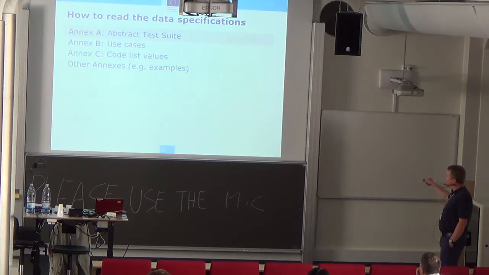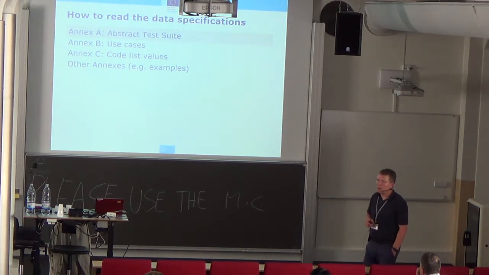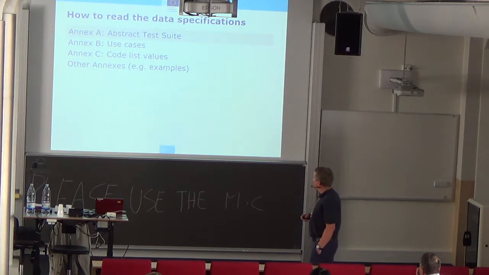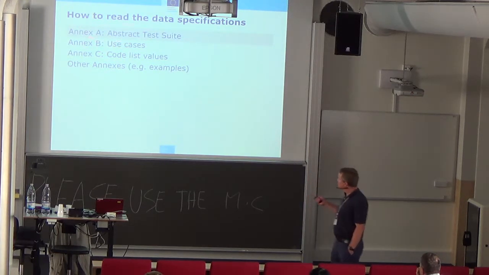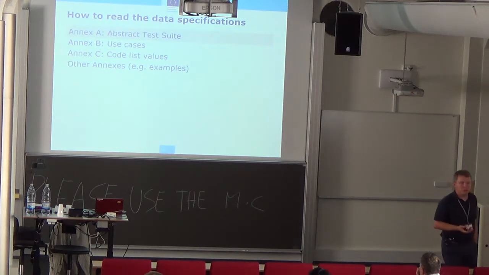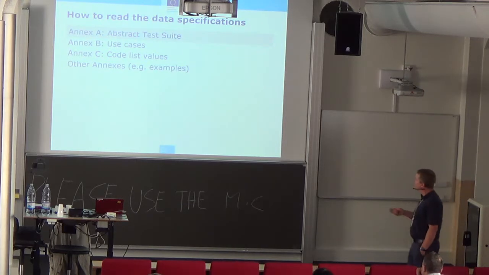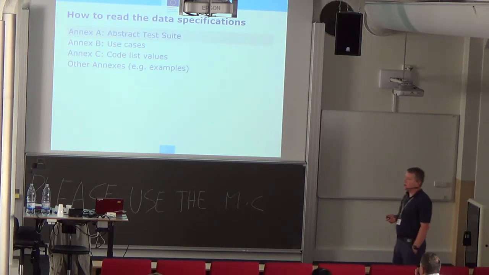And then at the end you have the abstract test suite, which is also very important, especially for providers of INSPIRE data, because it allows you to claim whether you are INSPIRE conformant or not.